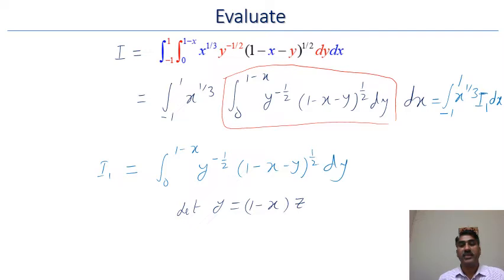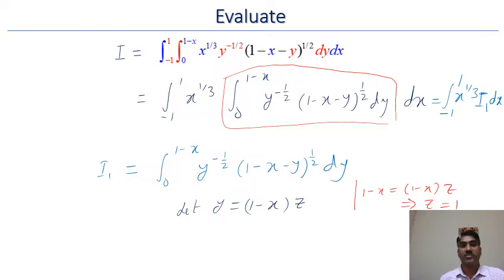If we take y as (1 minus x) into z, the lower limit of y will remain 0, but in the upper limit, when you put y equal to 1 minus x, we get 1 minus x equal to (1 minus x) z, and this implies z is equal to 1. So limits will become constant, and we will get an integral of beta function type. This is the reason why I have taken y equal to (1 minus x) z.